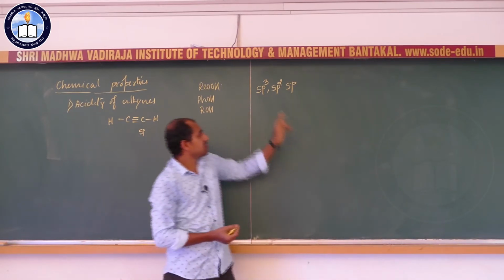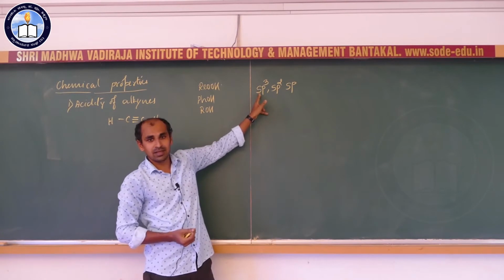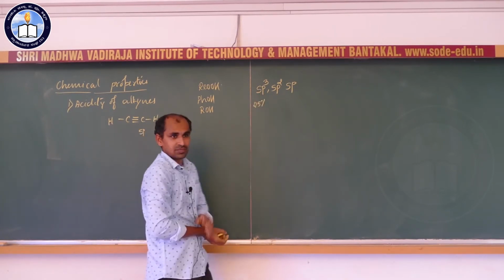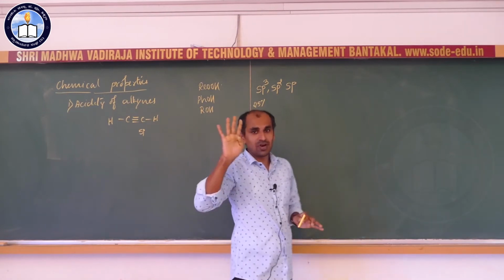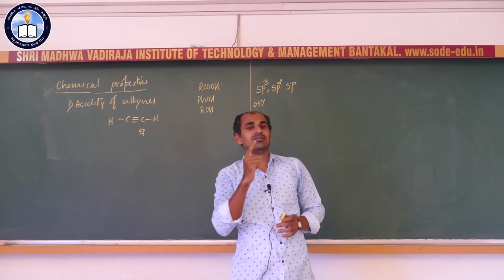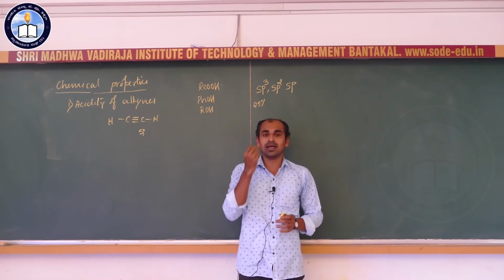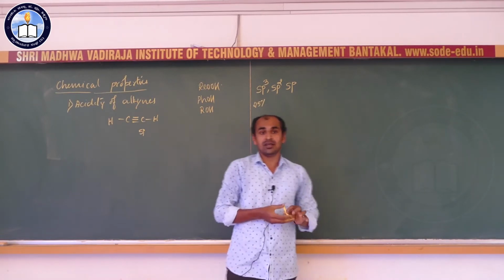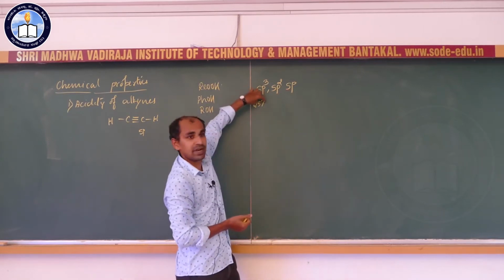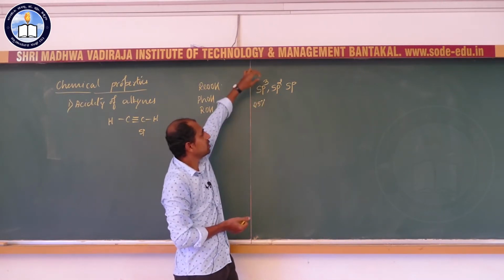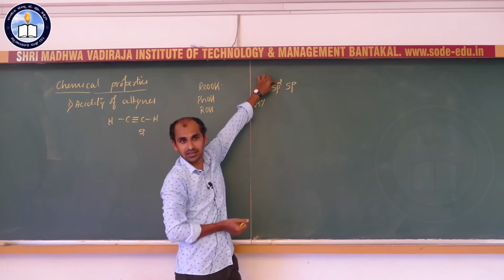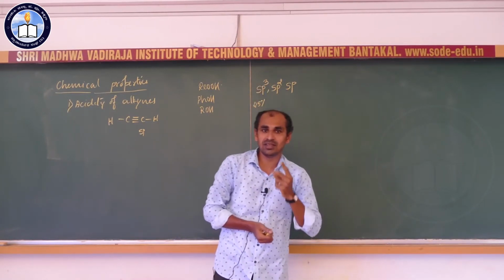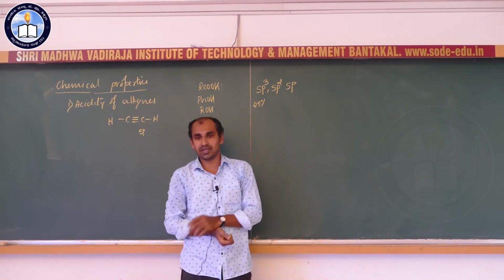So, in the case of sp3 hybridization, s character is just 25%. You see, there are 4 hybrid orbitals, one is s orbital, remaining 3 are p orbitals. So, out of 100%, s property is only 25%. If you look into sp2 hybridization, there are 3 hybrid orbitals, one is s, remaining 2 are p orbitals.